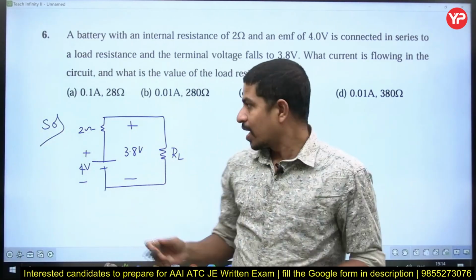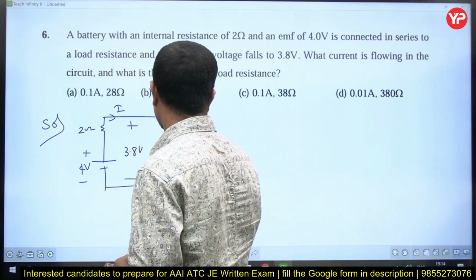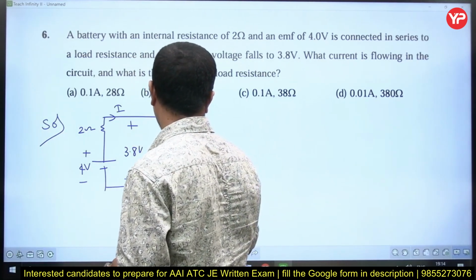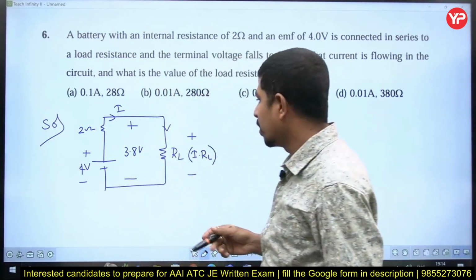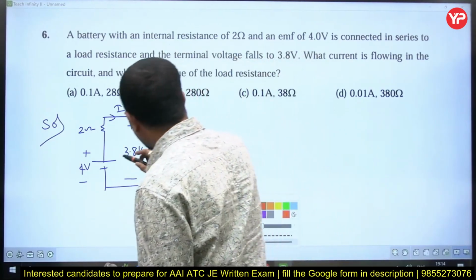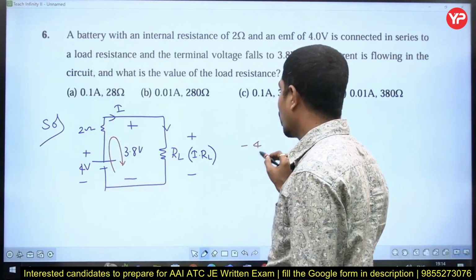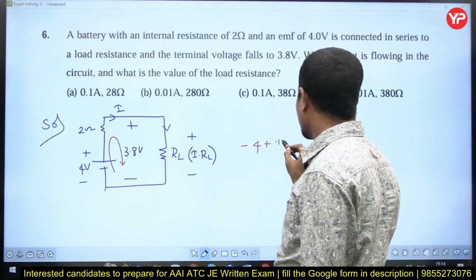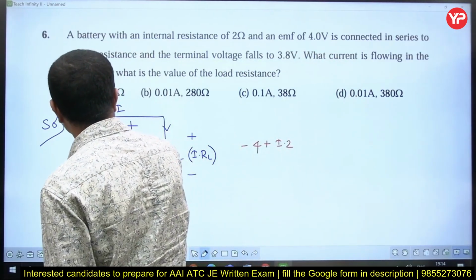This is the current, I assume it as I. Now this voltage drop will be I into RL, because voltage drop is equal to current into resistance. I will write KVL for this small loop: minus 4 plus I into 2. Why plus I into 2? As I is entering here, this will be plus and this will be minus.